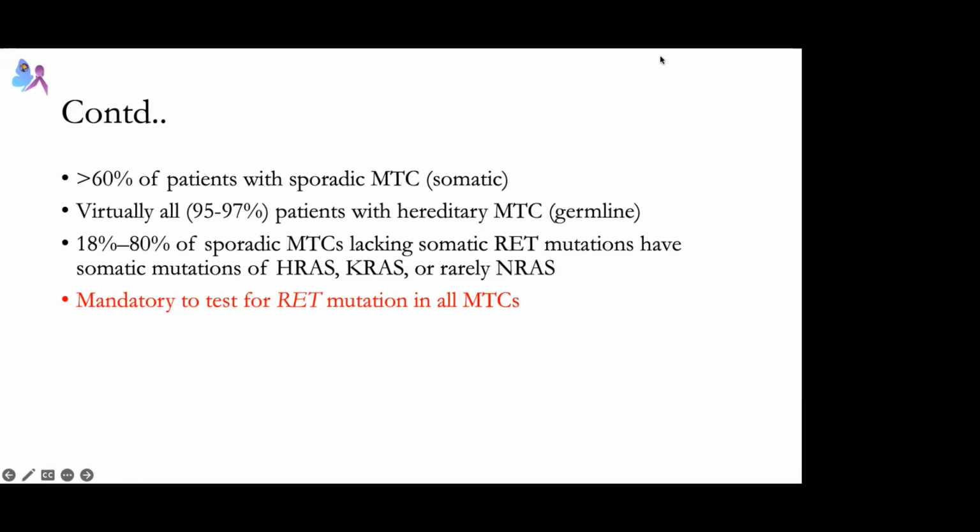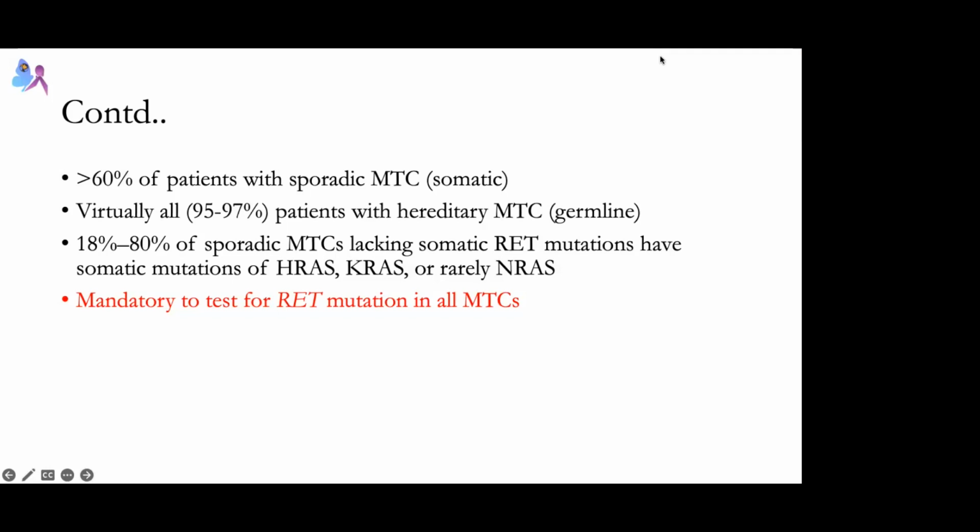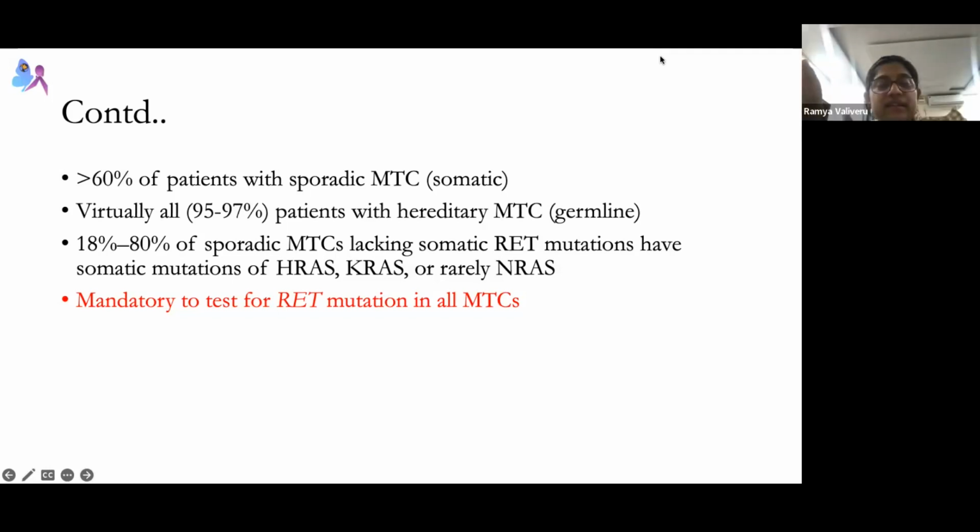We now have RET-specific tyrosine kinase inhibitors, and if there is a mutation, they act on the tyrosine kinase pathways, whether it is RAS or RET. Somatic testing may not really change the management as such, but it also tells us about M918T.